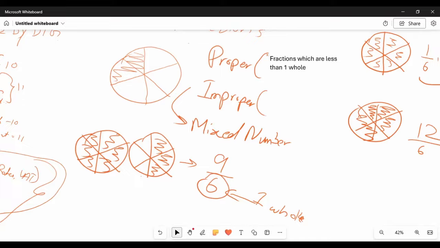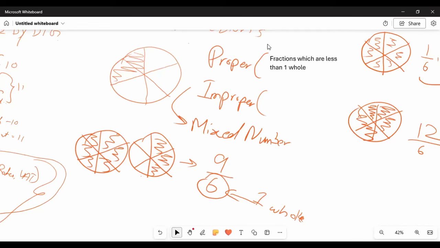Now, can you tell me, has Altaf had more than one whole pizza or less than a whole pizza? Simply more than one whole. Yeah, very good.